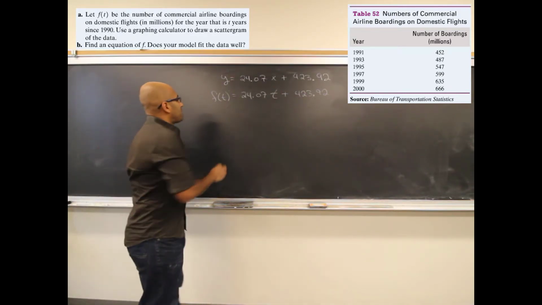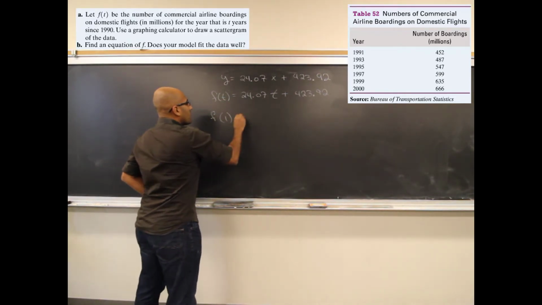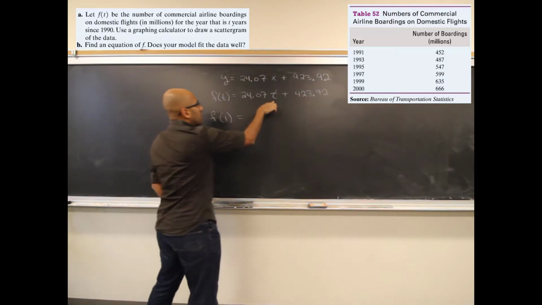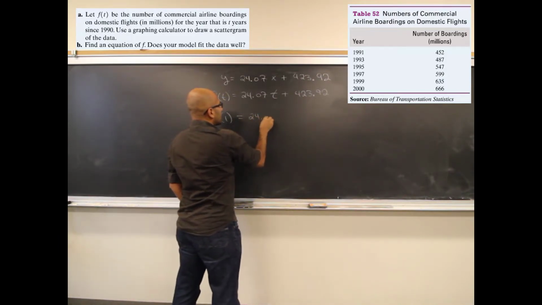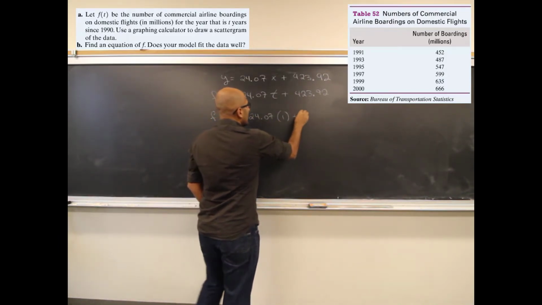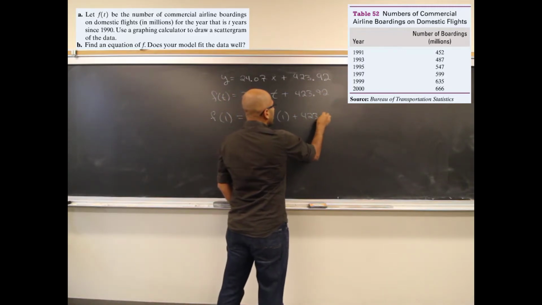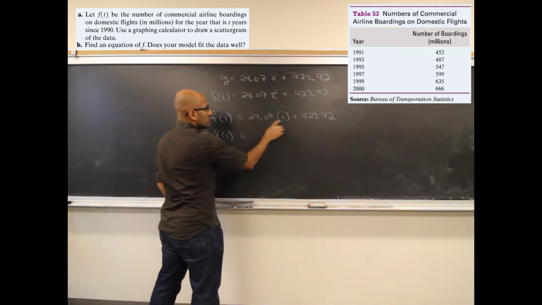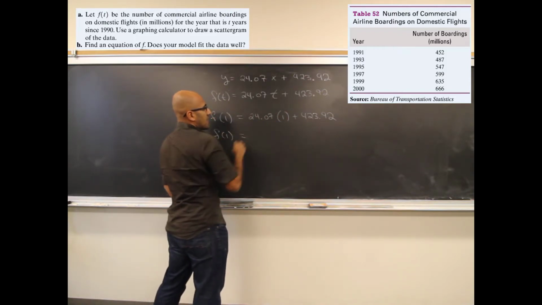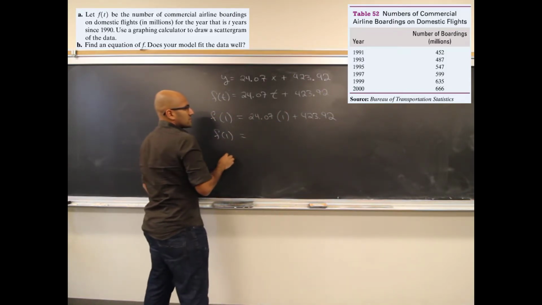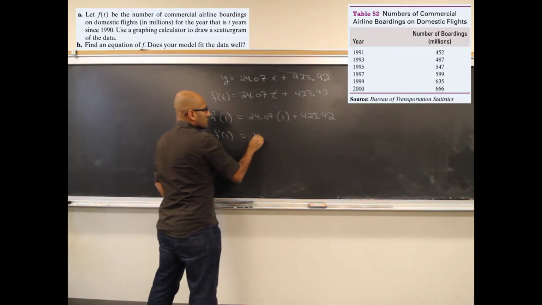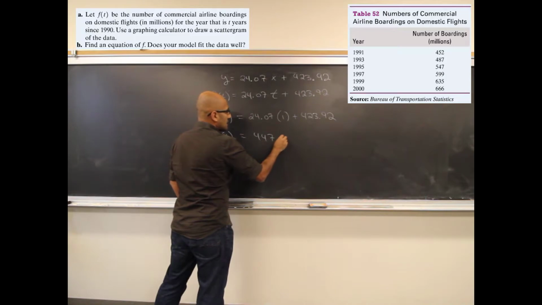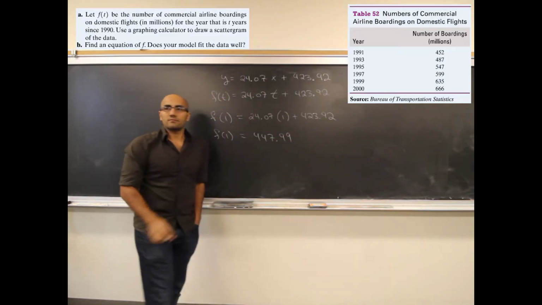So what would happen if I plugged in f of 1? This is the year 1991, and we put it in here, we get 24.07 times 1 plus 423.92, and f of 1 equals 447.99.